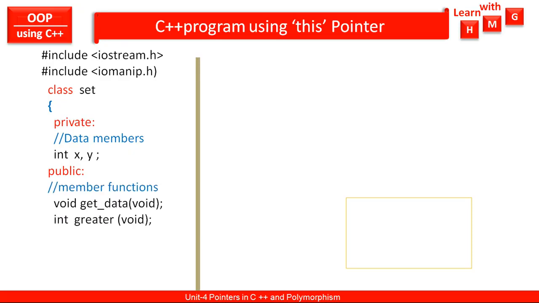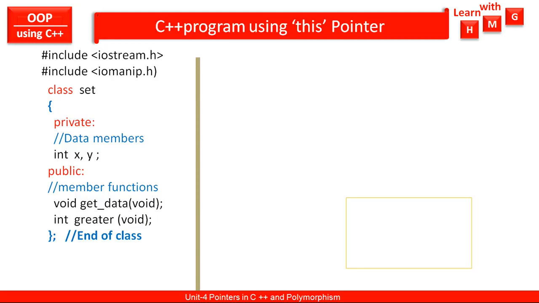The getData member function does not accept any argument and it also does not return any value, so the return type and arguments are both void. The second function, greater, does not accept any argument, so its arguments are void, but it returns an integer type of value because it is going to return the greater number out of x and y. End of the class declaration.